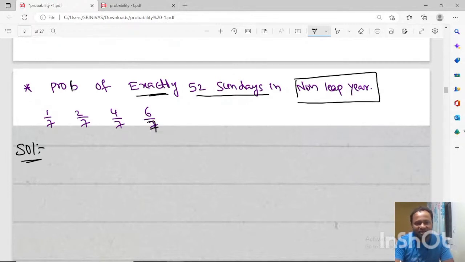This is the question. Non-leap year, as we just discussed, means we will have 365 days, not 366. So 52 weeks, 52 into 7 plus 1 day.